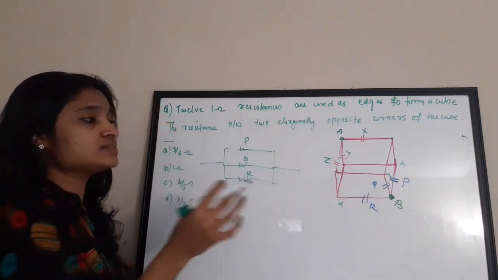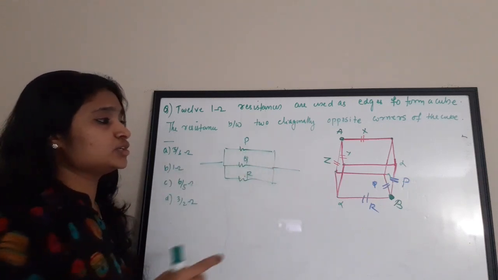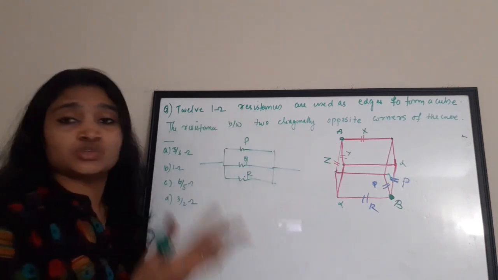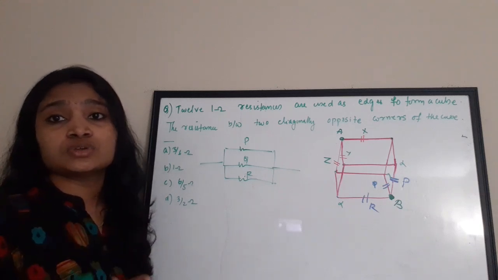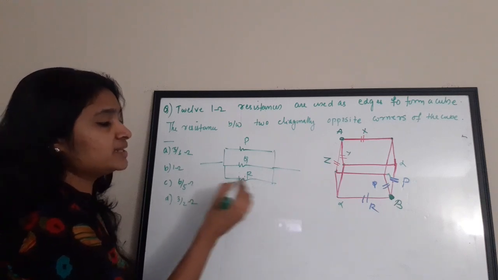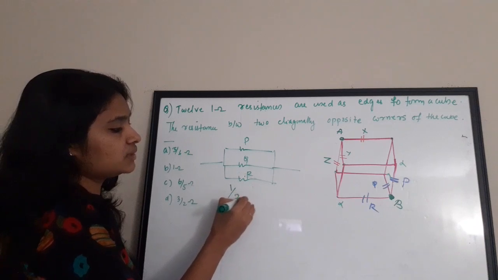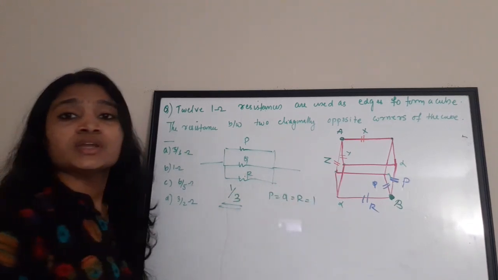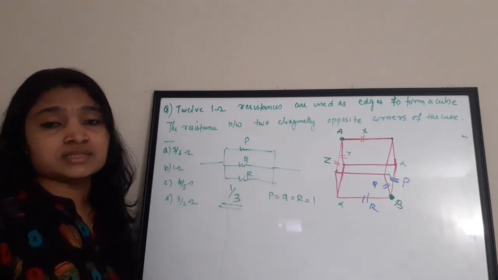So these three resistors have one terminal connected to B, and the other terminals are connected to the same potential regions, and this potential similarity is due to the formation of a cube with all equal values of resistors. So again here, what will be the equivalent resistance? It will be equal to 1 by 3, because P equal to Q equal to R equal to 1. So the equivalent resistance is 1 by 3 for the point B.